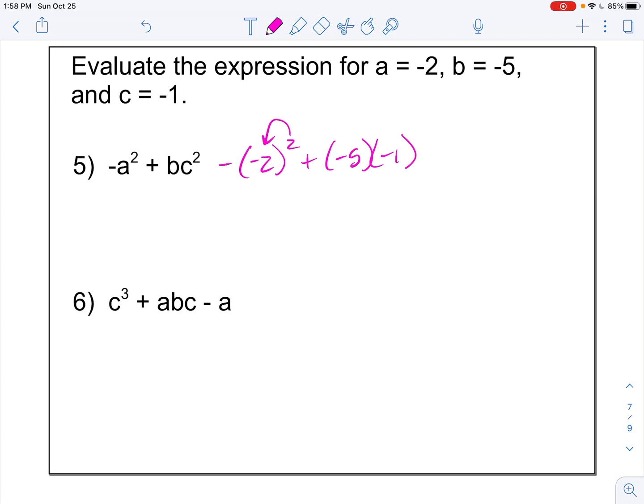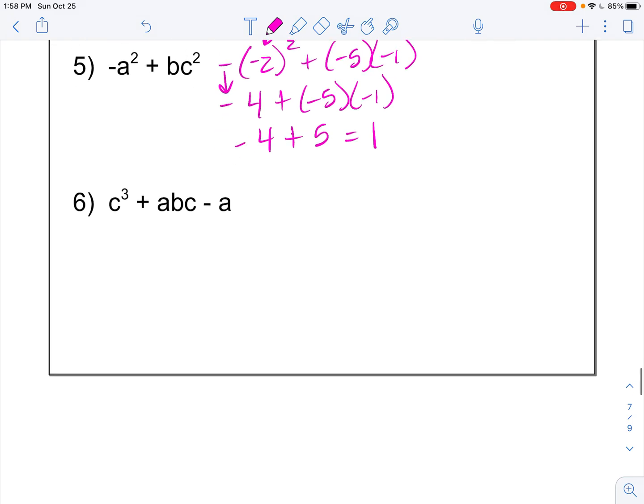I know that's really tempting. A lot of people want to do that, but don't. This negative is going to come down, or opposite. Negative 2 times negative 2 is positive 4. Then I'm going to rewrite everything else. So now a negative 5 times a negative 1, that's a positive 5. I'm at negative 4. I go to the right 5 spots. I am at positive 1.